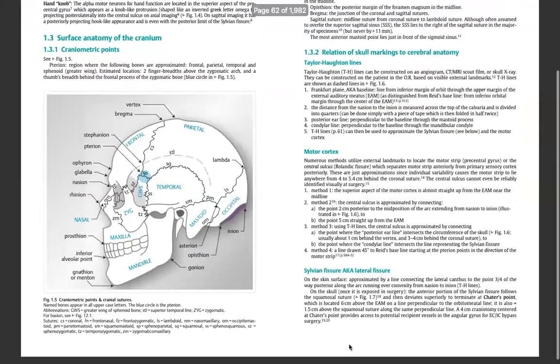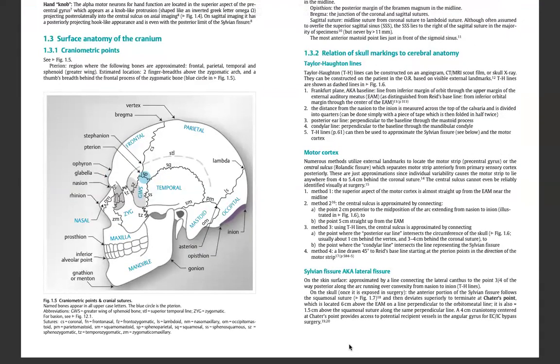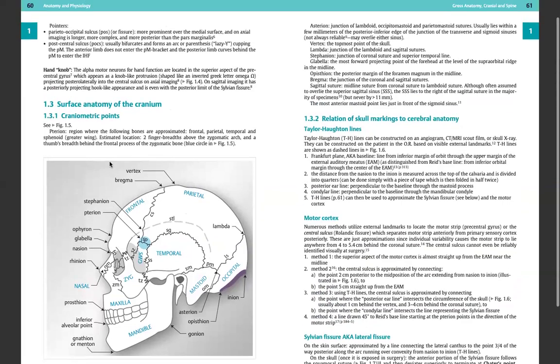And the next thing is the craniometric points. Here they're discussing the craniometric points on the skull. Very important things that need to be identified, generally looking at the skull bone.